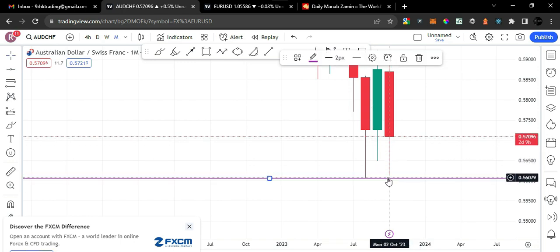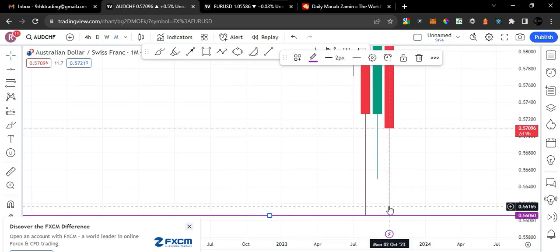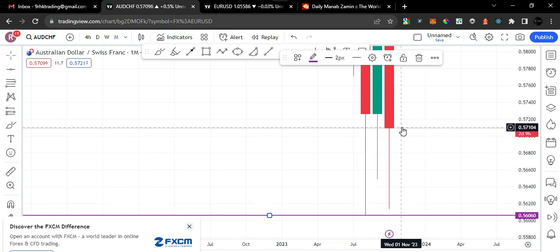So the price has not been able to break the downside in October. Even though we have 2 days left, the price is currently here, and the lowest this month was 0.5614, and it is currently 0.5709.